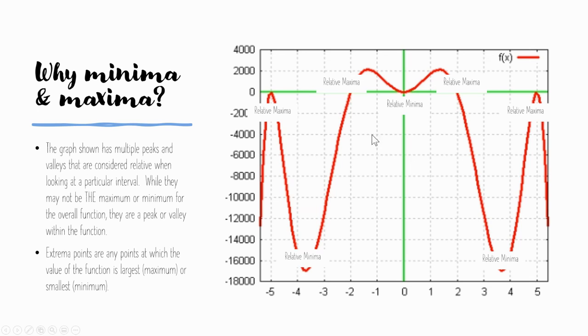Now you've got all these relative minima. So you've got this minimum or this valley, you've got this valley, and you've got this valley. But this graph has no true minima that I can see here, because the assumption is that when it's going this way, it would keep going to negative infinity, just like on this side it would be going towards negative infinity.